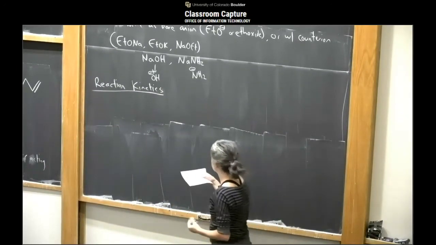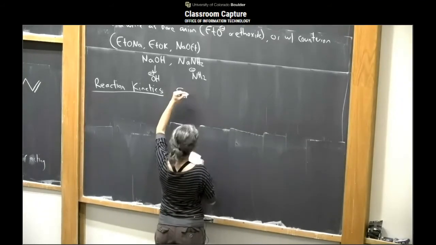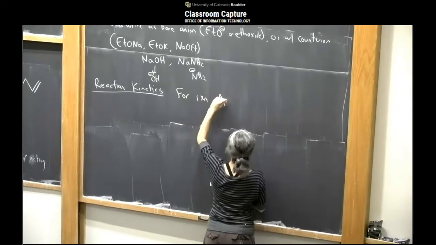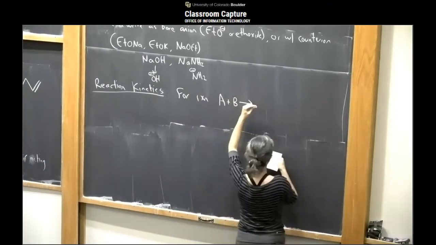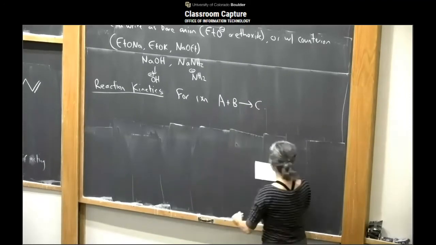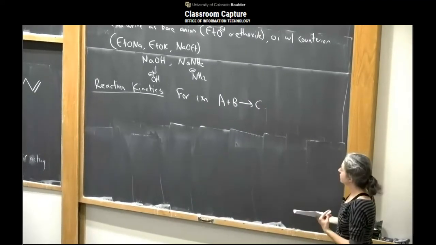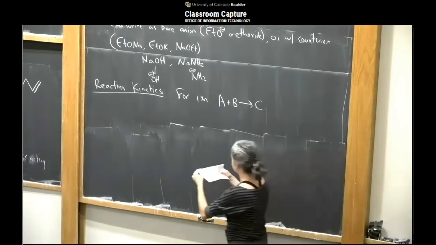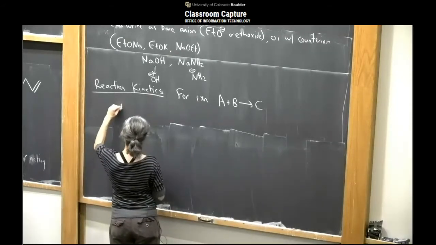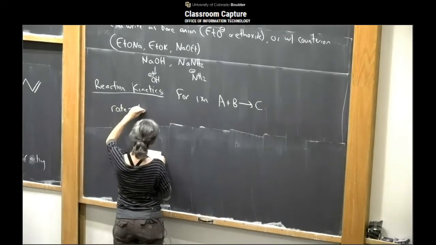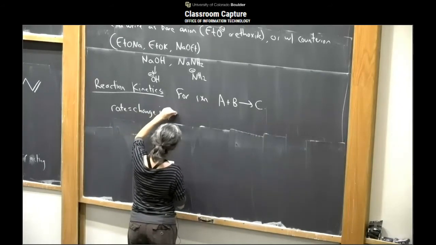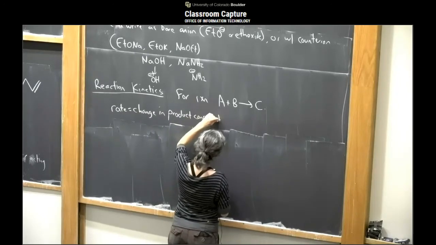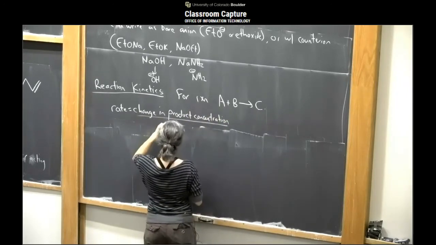Say we're looking at some real general example, maybe like A plus B reacting to form C. The rate of a reaction is always given by how fast you're making C. So rate is given as the change in product concentration over time.